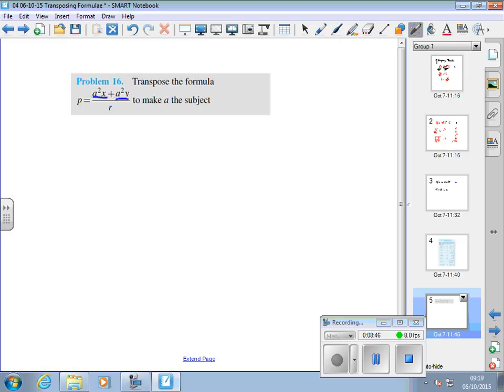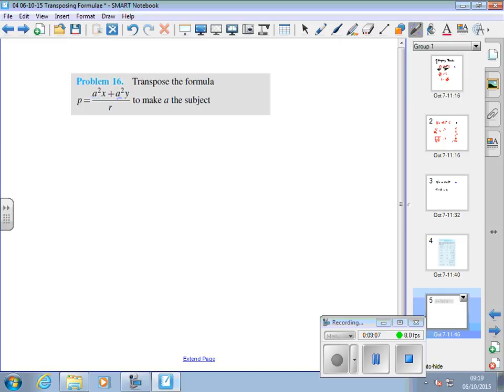So I can take that outside the bracket, factorize in other words, which is one of the little basic algebra things we were looking at, this idea of expansion and factorizing. So that's in my mind: if the thing that I'm after appears twice, I'm going to try and factorize and take that outside a bracket, so then it only appears once.